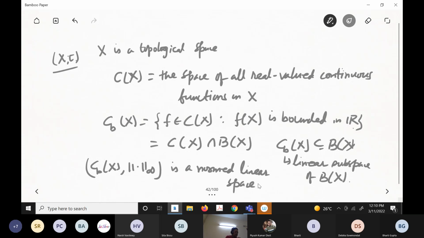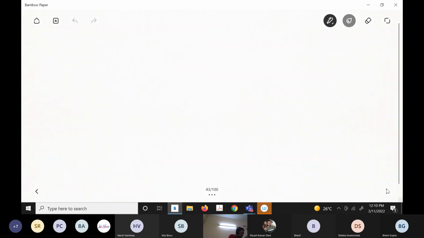Okay. But what about C(X)? For C(X), you can give a metric that will play the role of uniform convergence. I may not be able to give a norm, but I will be able to give a metric which will give you the uniform convergence. First, let me recall that.